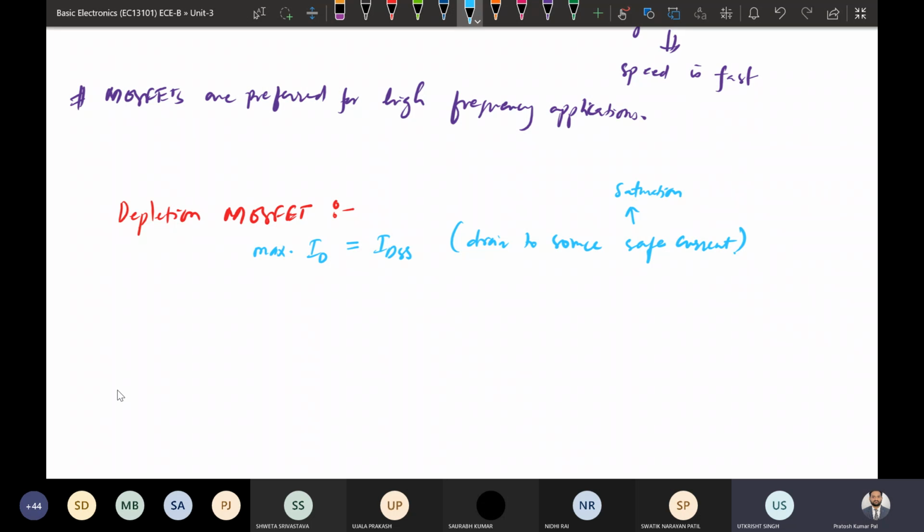So in case of depletion MOSFET, the maximum current that can be flowing is IDSS. In case of JFET also, the maximum current possible is IDSS only. Okay, so here ID will be equal to IDSS, or it will be less than IDSS.